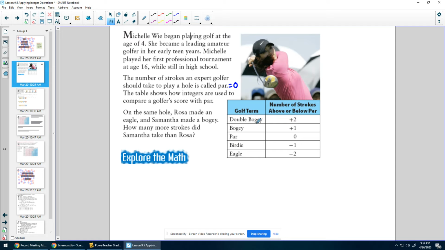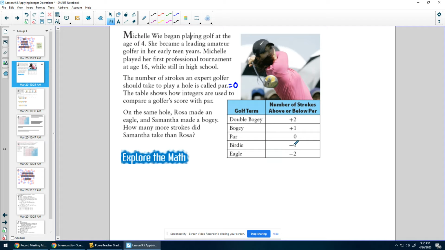So here, the golf term, a double bogey, is like +2, or 2 strokes above par, which is 0. Bogey is +1, which is 1 stroke above par. Birdie is 1 stroke below, and eagle is 2 strokes below.